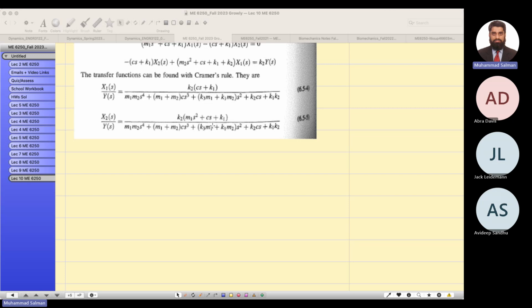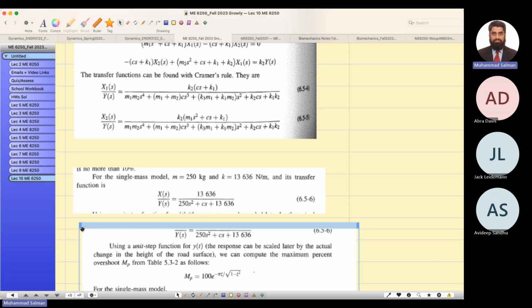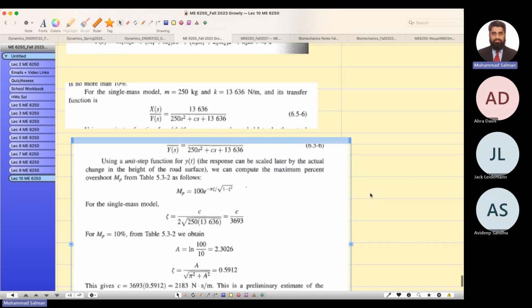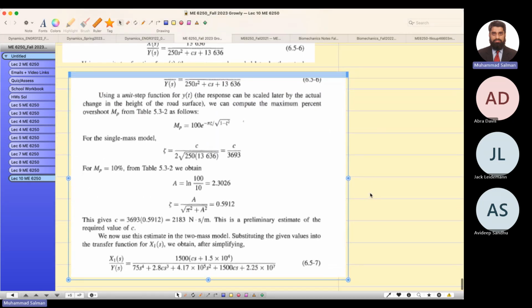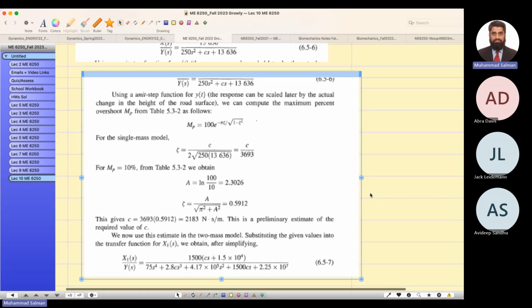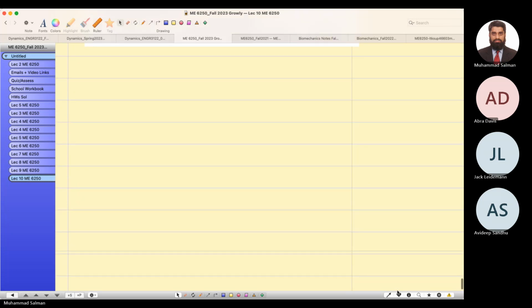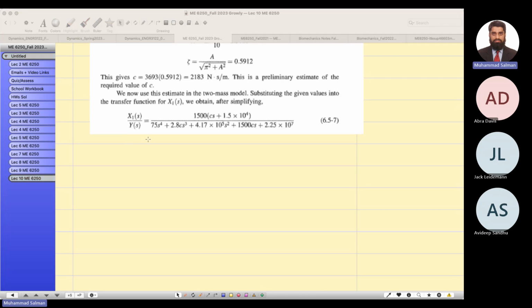Then you plug in the values for step response. Here the data has been provided to you. Find out the unit step response. This is just plug and chug in the values, so you can find out the maximum overshoot, the zeta value, c over 2 square root mk, and Mp 10%. So I believe you can just go over it to understand more.